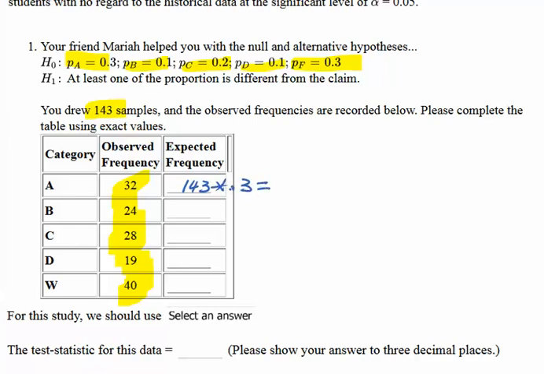So that would be the sample size times 0.3, which equals 42.9. And then 143 times 0.1, which is 14.3.